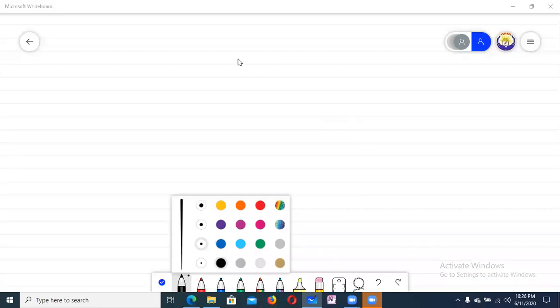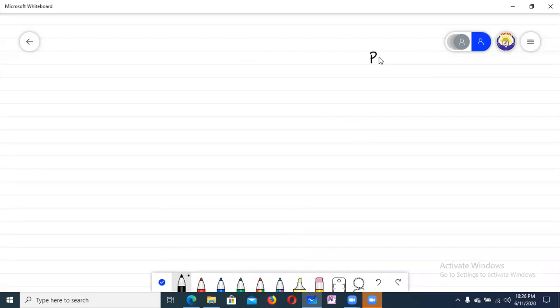In the last lecture, we studied the Pascal triangle. We formed a triangle like this. In the first row, two coefficients were there, 1, 1.